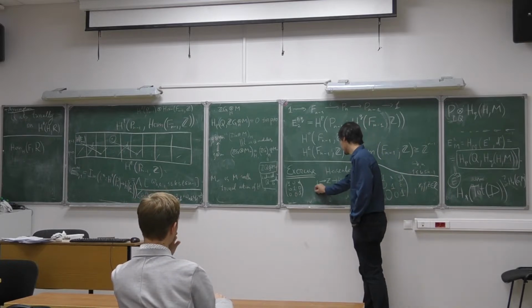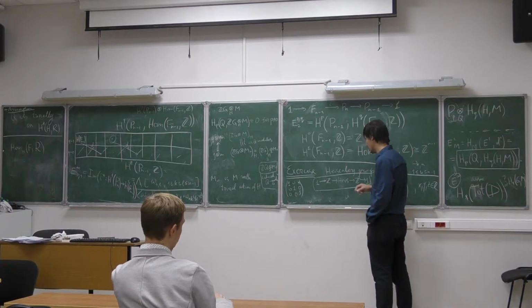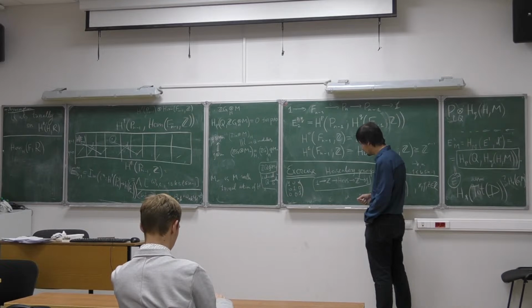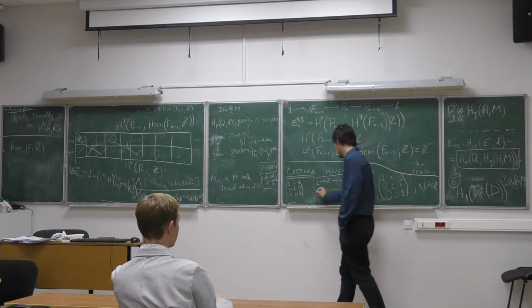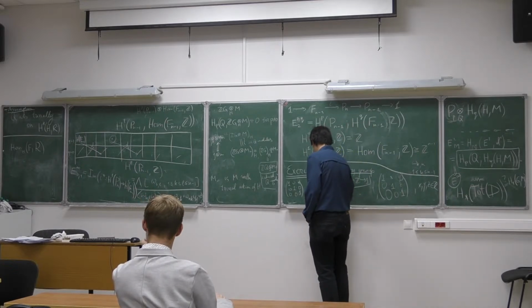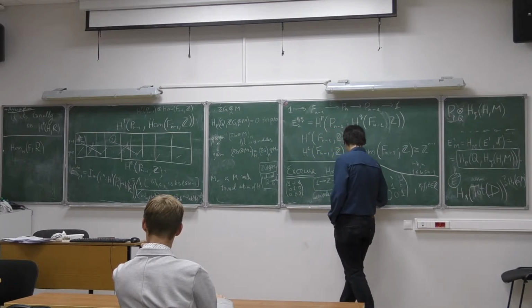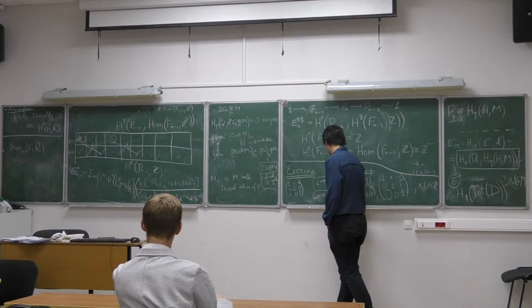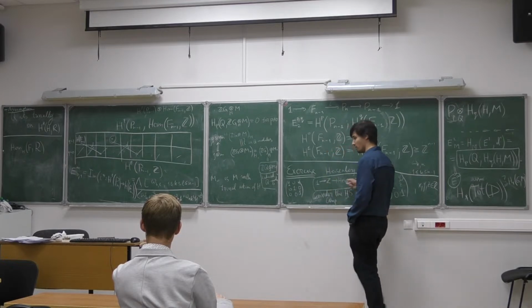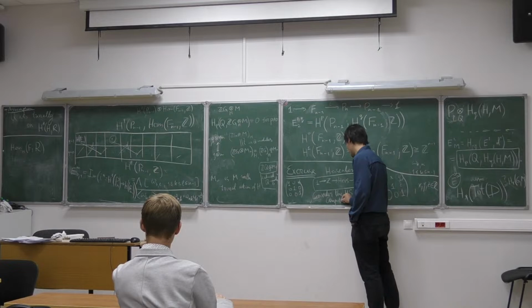And the exercise is to consider the Hochschild-Serre spectral sequence for this extension and to compute the cohomology ring. Of course, we know the cohomology of this sum, and compute the cohomology of the Heisenberg group.